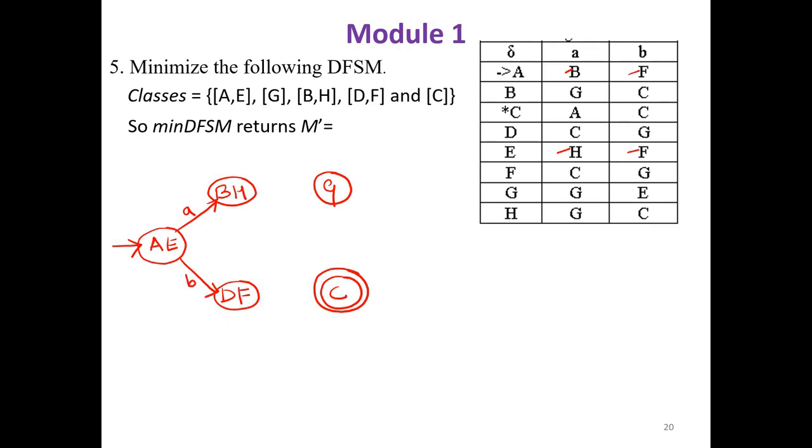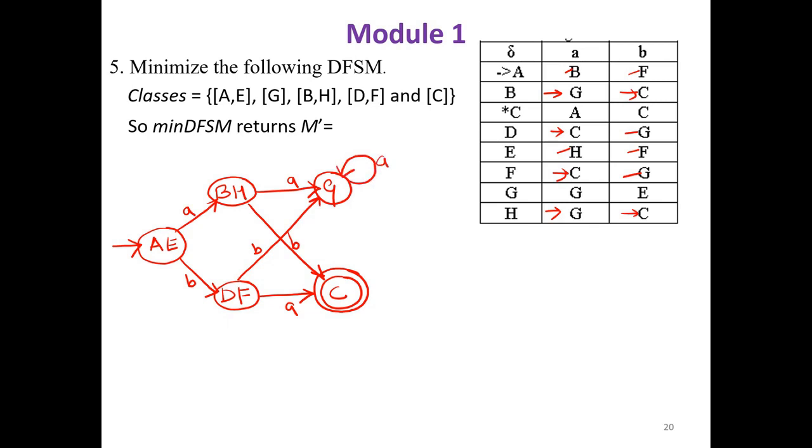Next, coming to BH. On A it goes to G, and on B it goes to C. Coming to DF. On A it goes to C and on B it goes to G. Coming to G. On A, G takes a self loop.